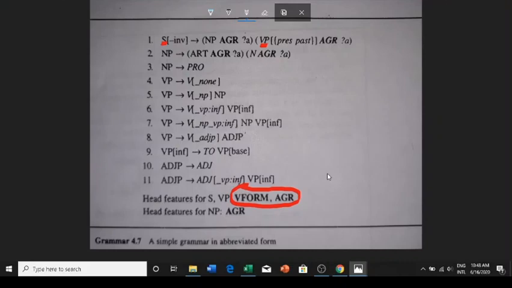Even though they are not explicitly listed with these features, they will share these features with common values. So whatever AGR as well as V form values the VP takes over here, will also be taken up by S. You might be remembering these things, which we will be using now.